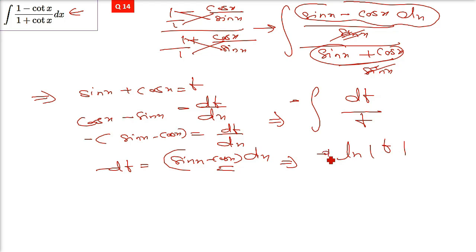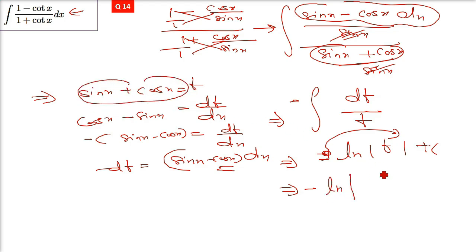If you can take this negative inside and do some simplification, then it's okay. Otherwise just keep the negative outside. It's not a big deal. So we have t here, and remember, t is sin x plus cos x. So you have a negative outside, then ln modulus of sin x plus cos x, and then the constant of integration. This is what you see as the correct answer.